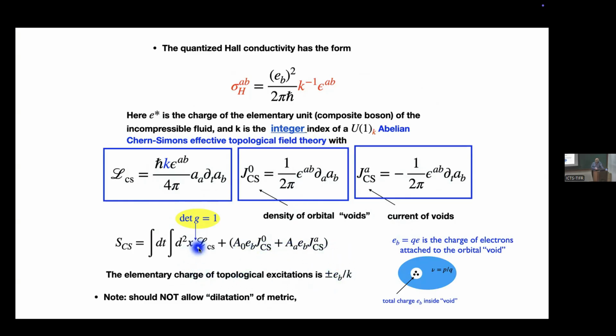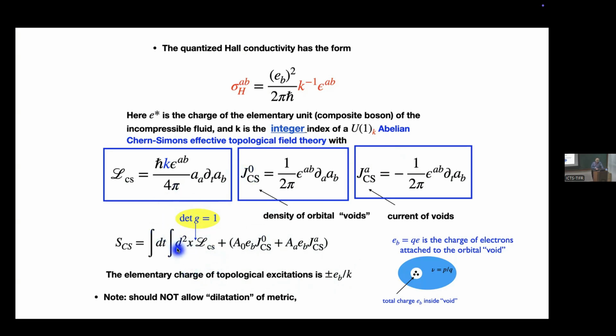One interesting point, I'm going to run out of time soon, is that there's a whole lot of stuff which I regard as nonsense, which has sort of vaguely died out. A lot of focus on the so-called gravitational Chern-Simons term, which people were trying to add and do something with in quantum Hall. One interesting thing is this action is correct.